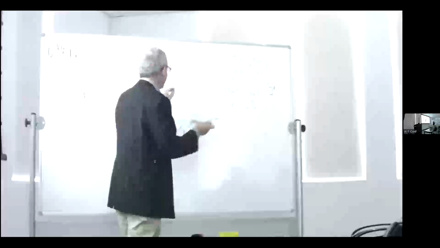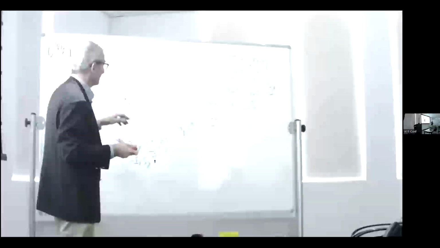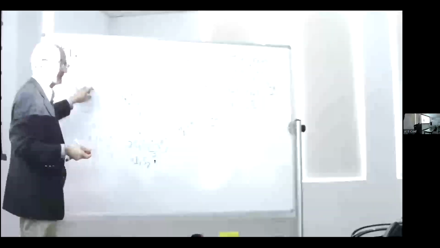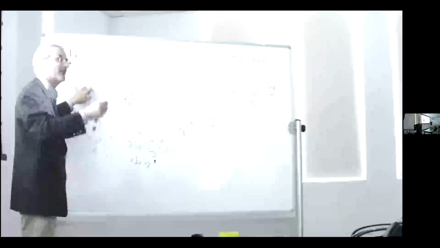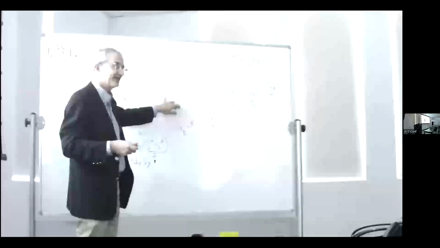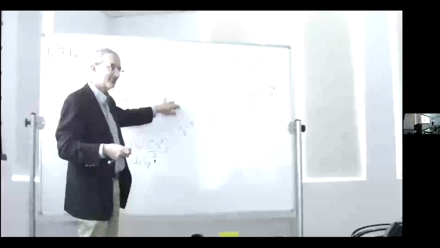In the lingo, we say this is an in-phase doublet. The two doublet components both point up at the same phase. And this would be called an anti-phase doublet because the two multiplet components have opposite phase.